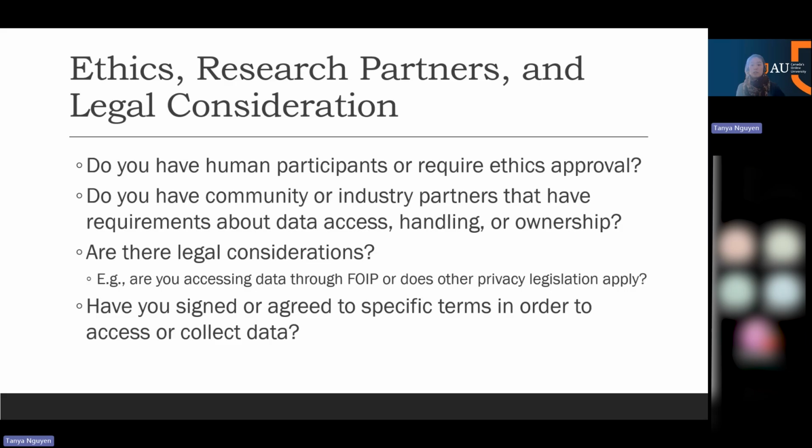So think about things like, do you have human participants or do you require ethics approval? A lot of the processes you have in place as part of your ethics approval would be addressed in your DMP, so you can use one or the other as needed to put more detail in your data management plan.